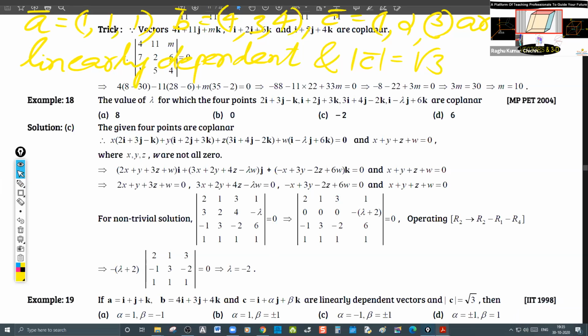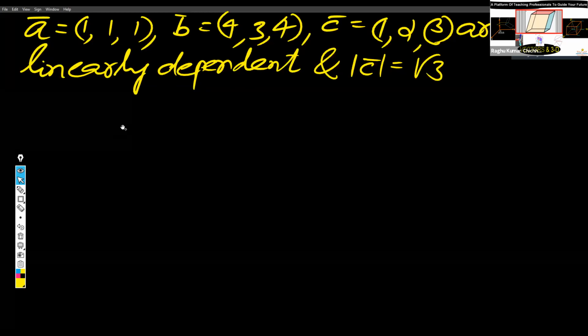First of all, tell me what is the meaning of linearly dependent vectors, please? Any one of you?